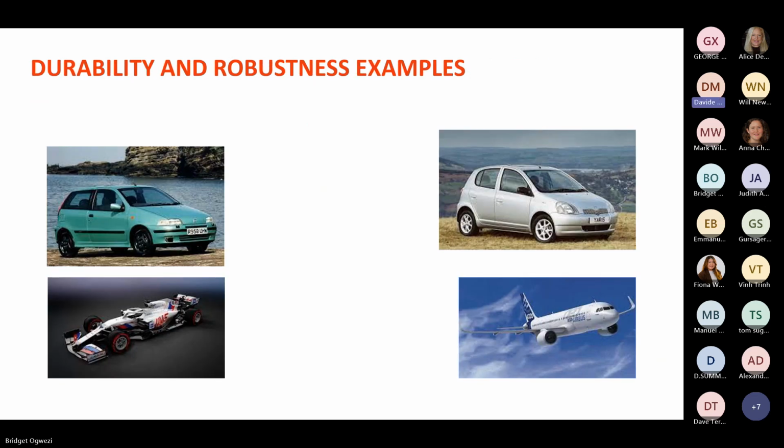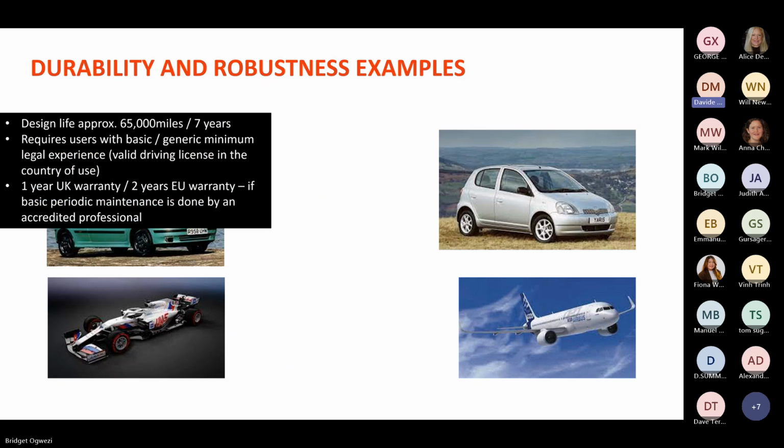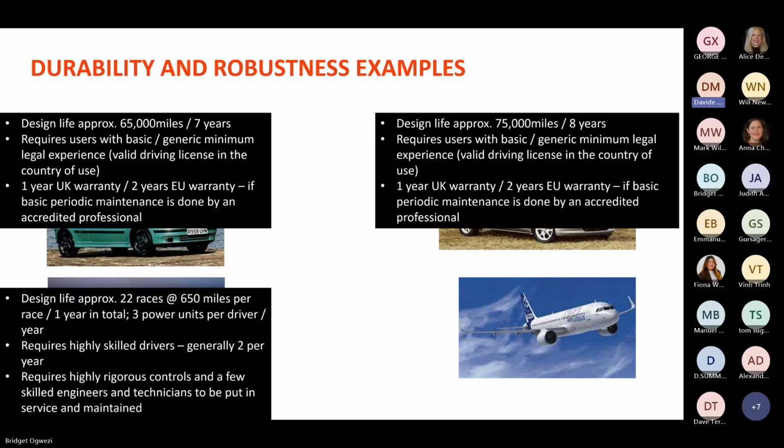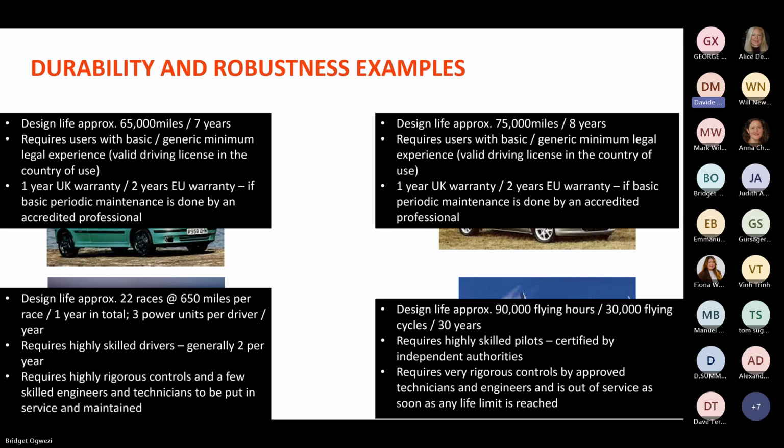Now, please, this slide and the following one are meant to give you a little bit of a laugh. The products you're seeing there at high level are designed for these conditions. Let's start with a very old Fiat Punto, the first series. The design life was approximately 7 years and 65,000 miles.